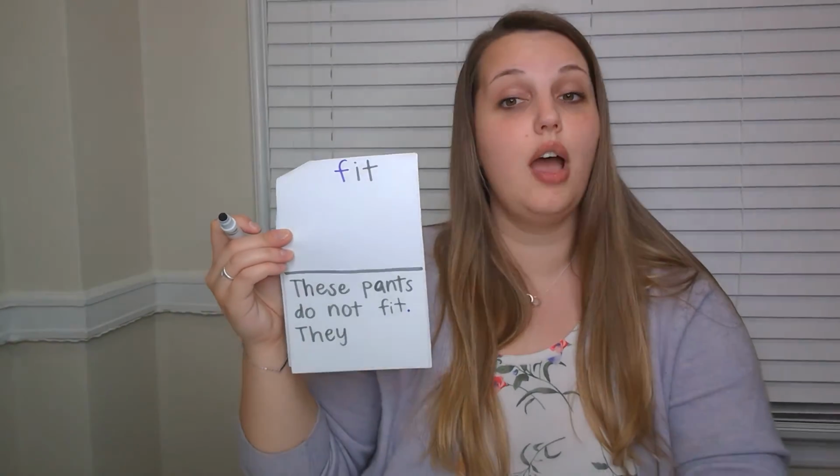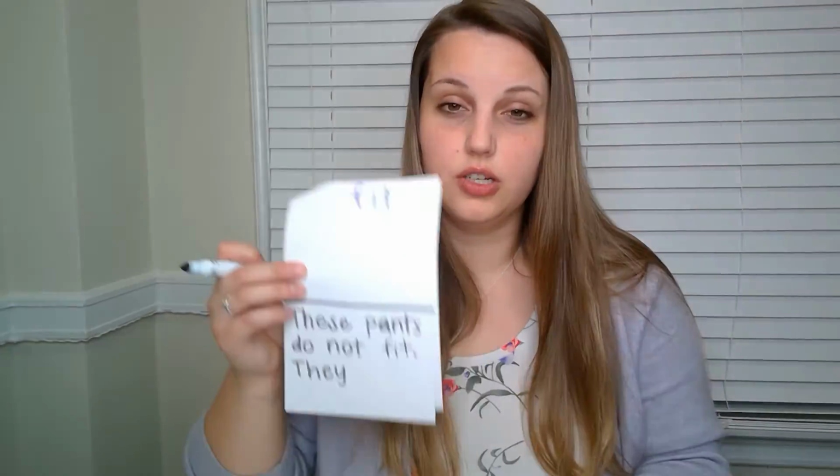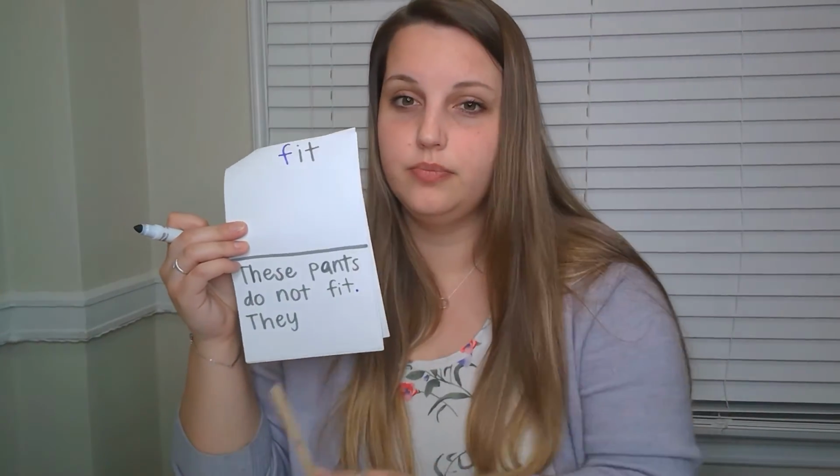These pants do not fit. They are. I think we've seen this word a couple of times. It's not the letter R, it's the word R. Can you think back? What is the first letter that we use to spell the word R? Right, A. We need an A first, of course, spacebar.